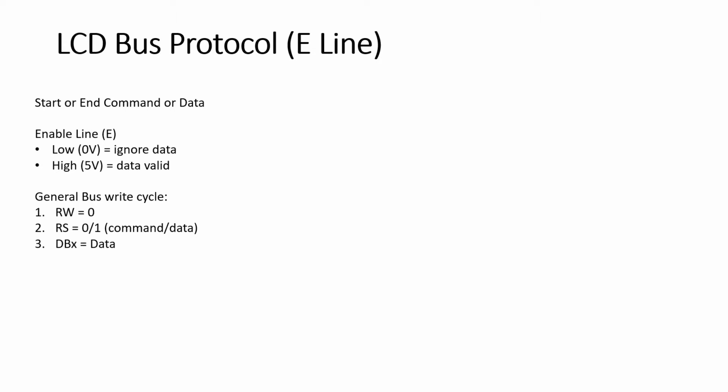And then you set the data to the data bits on the interface. And then you set the enable line high and low again. And that will tell the LCD that the data is to be read from the interface.